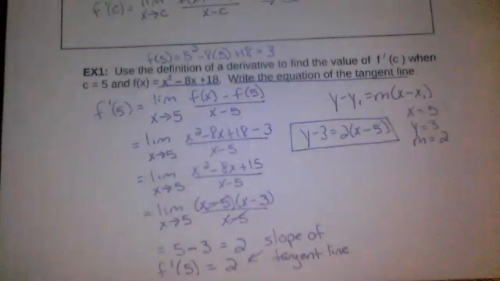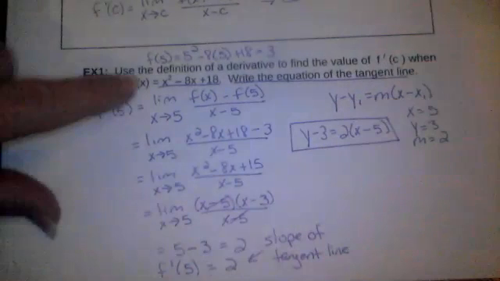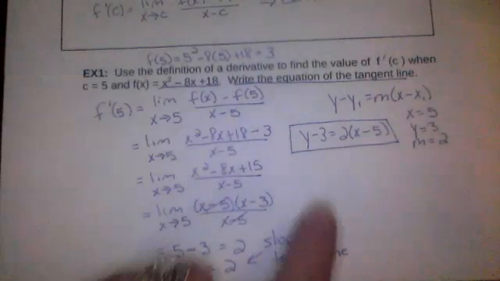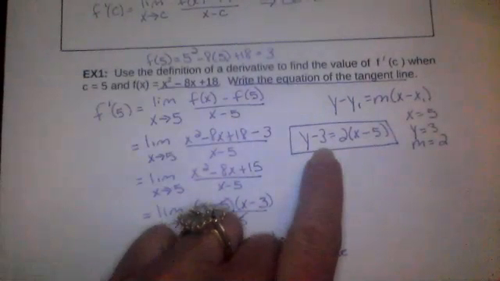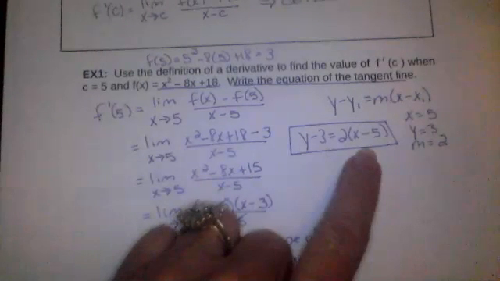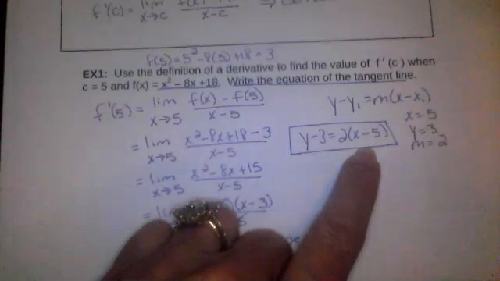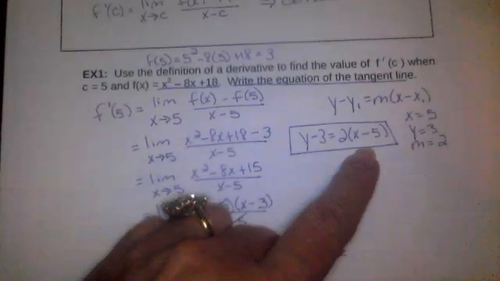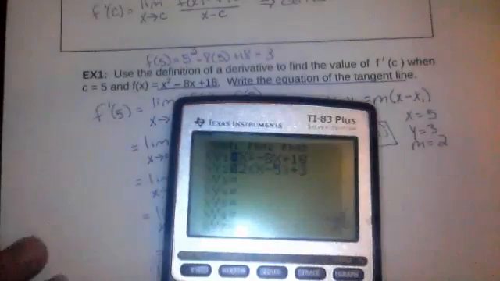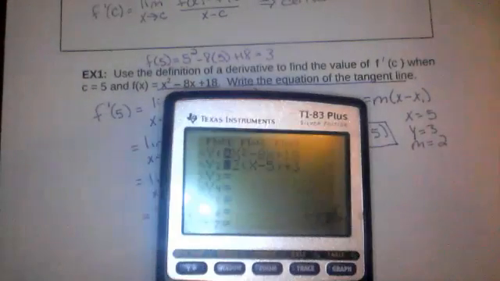Alright, so what this means is that if we were to look at this curve, which we know is a parabola, and we graph this line, then on the parabola where x is 5, this line should be tangent. It should run right past the curve at that point. So in order to show you that, I went ahead and put this in the calculator. This is just in the y equals screen.